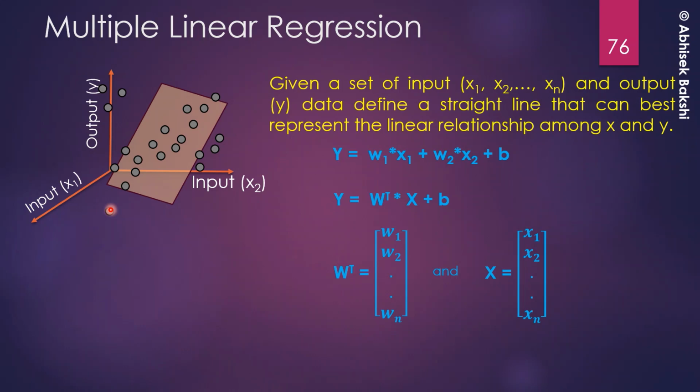For example, in my present data, the value of n is 2. I have only two components, x1 and x2, which make a training data point, right? So the further part is basically the same. If we have more than one input, then we will go for something like this.